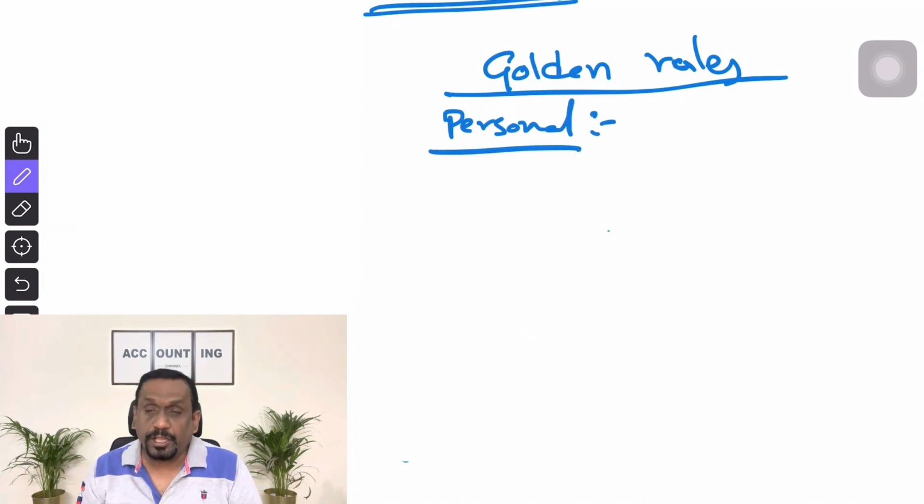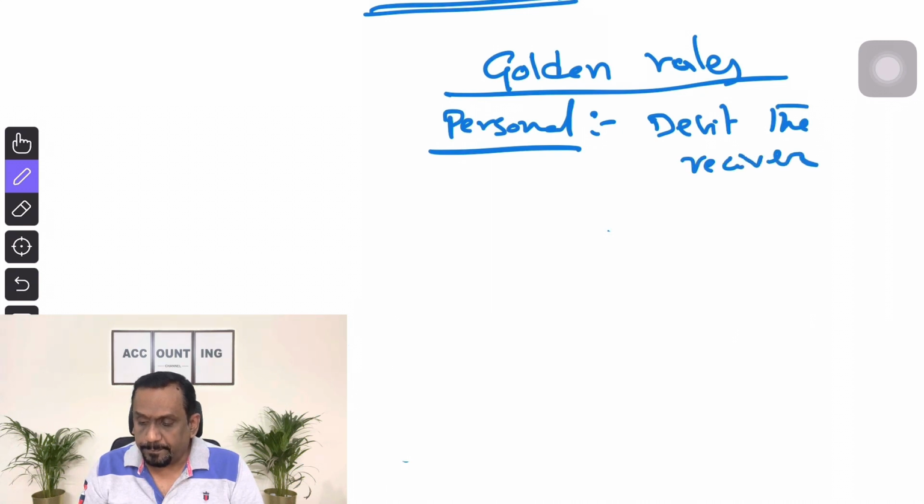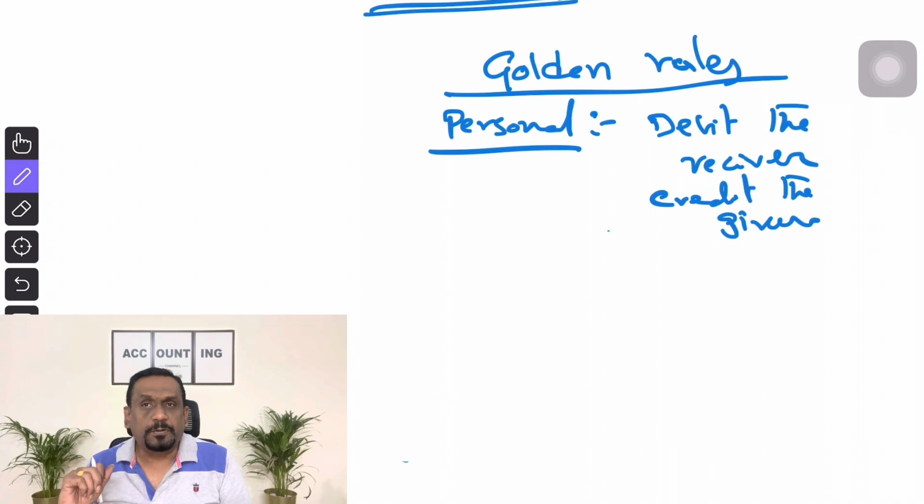What is the accounting rule for a personal account? Debit the receiver, credit the giver. It's very simple to understand. If you go through my previous video on the definition of transaction, this principle is very easy to understand.